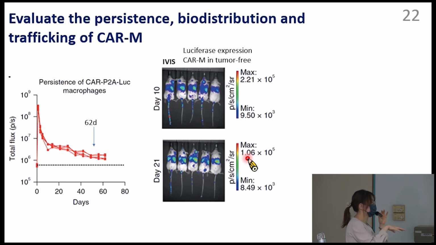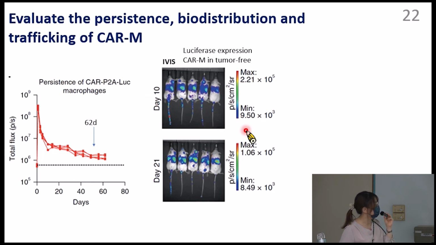Okay, and this kind of macrophage they modified, so this macrophage can express luciferase, and they use IVIS to detect where this macrophage went. Okay, and first you can see this CAR macrophage can live in mouse bodies for around 2 months. And they also can detect the macrophage in the mice body, like this.